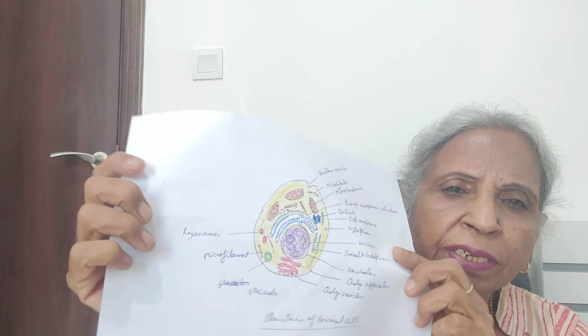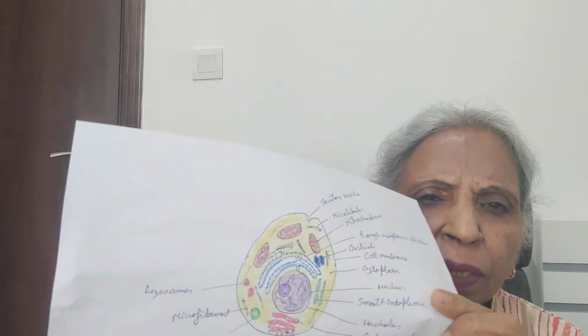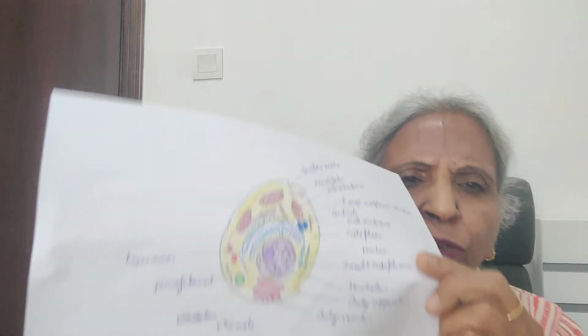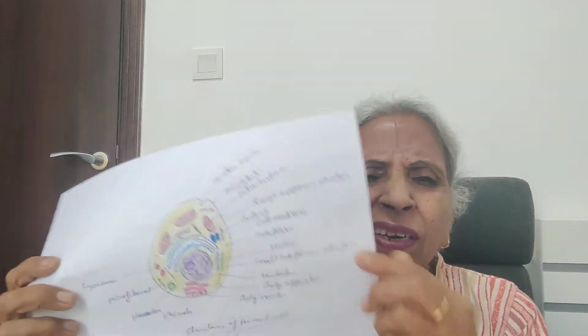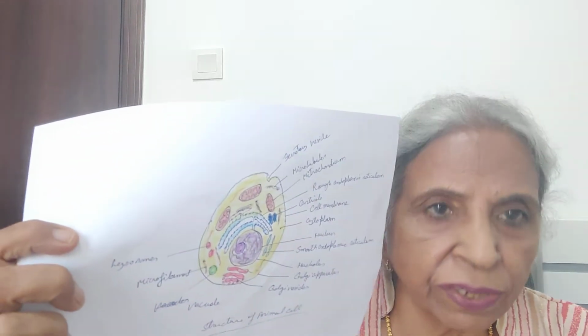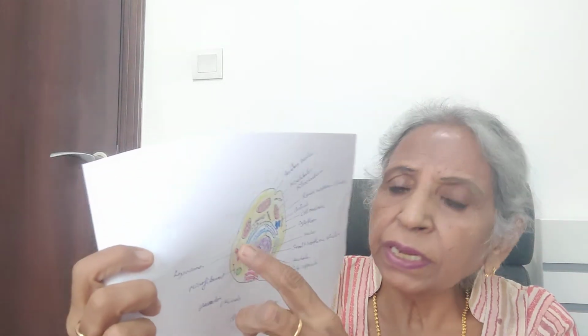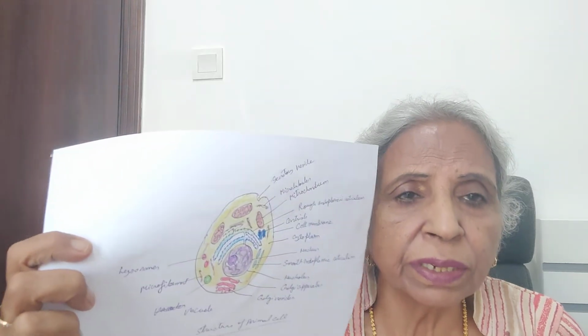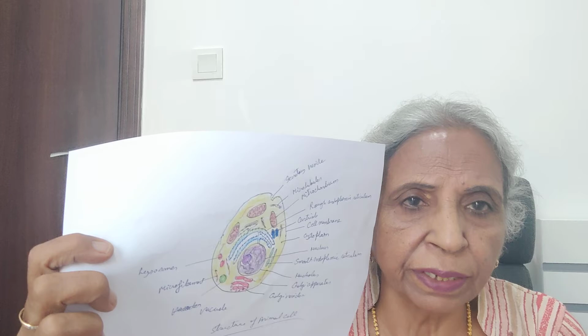Then next we come to the lysosomes. These small spherical structures are called the lysosomes. They may be spherical, oval, or irregular in shape. Lysosomes contain digestive enzymes which are acidic in nature. These digestive enzymes help to break down larger particles into smaller particles.